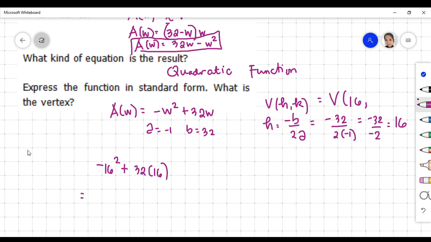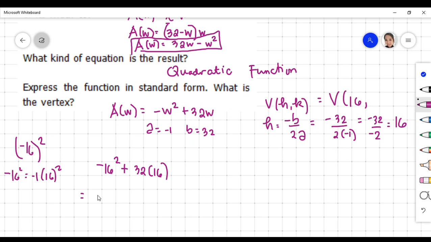So this one is different from negative 16 squared, so it's not the same with this, because negative 16 squared means that there's negative 1 here and then you have 16 to the power of 2. So the negative here is not included inside the parentheses. So you have to be careful with that.